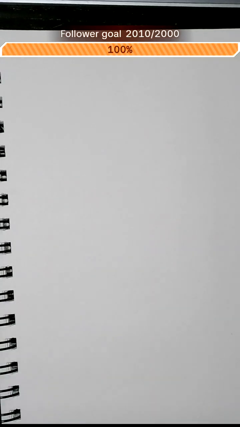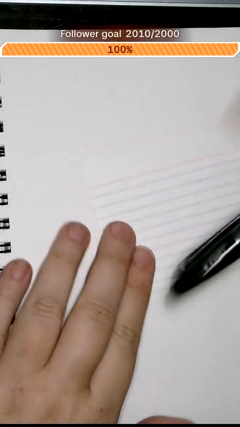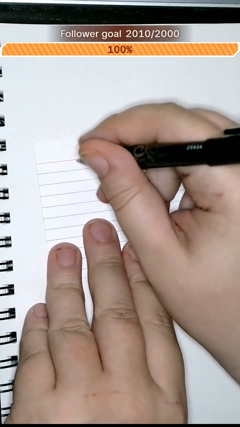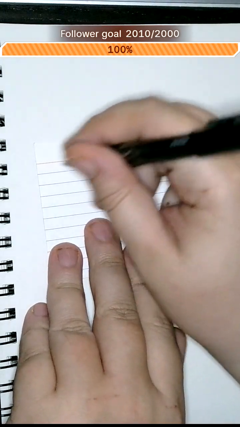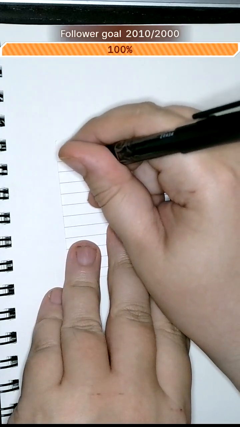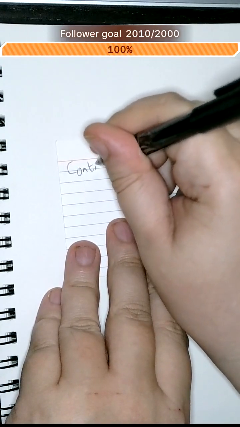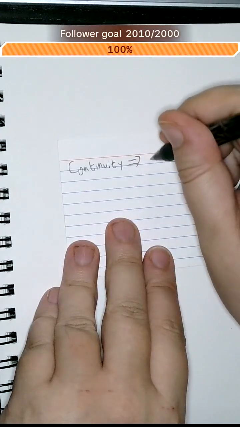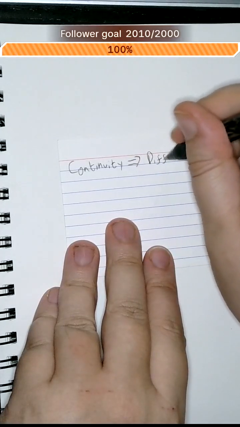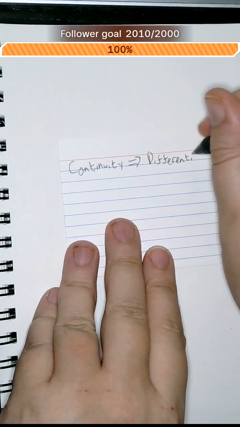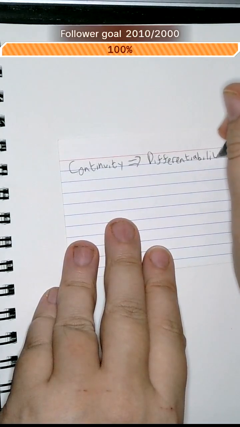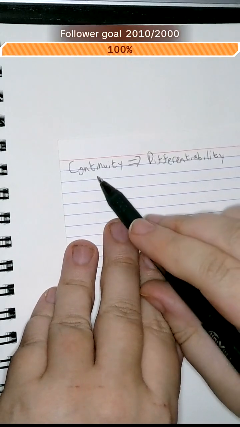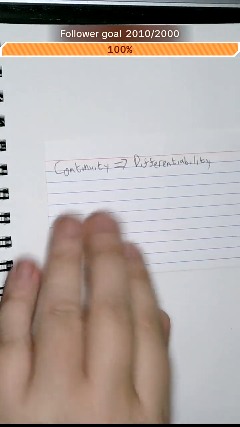But for now, let's use this. Continuity implies differentiability. So if a function is not continuous, it's automatically not differentiable.